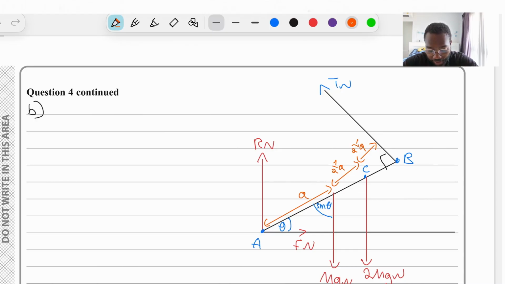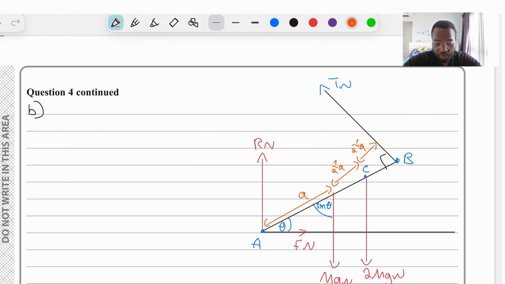Now that we've worked that out, when they give us questions like this, where they give us the length of something, usually that means that we're going to have to take moments. If you're ever unsure about when to take moments, think about what happens if you try to resolve the forces normally, say vertically. We'll just end up having too many unknowns.